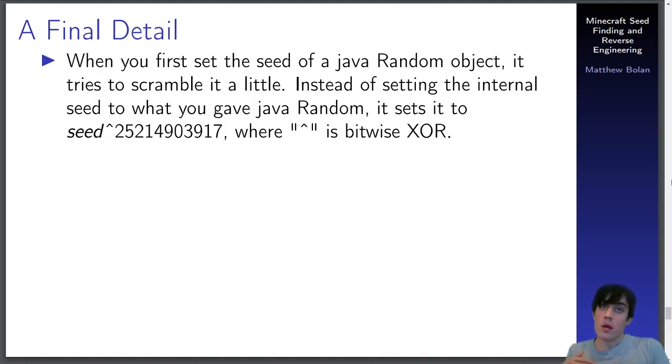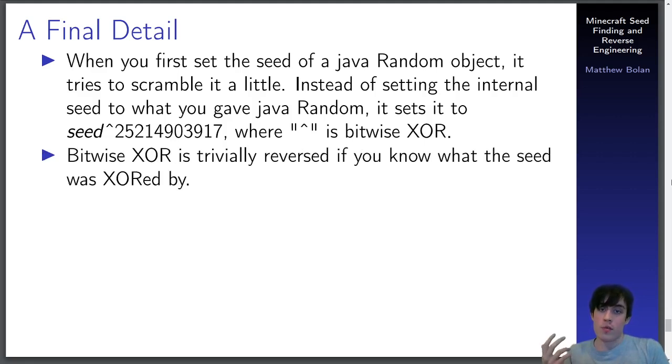And XOR has a really cool property, which is that if you XOR by something twice, so if you give me some seed S, and you tell me seed XOR A, I can find out what your seed was initially by XORing by A again.